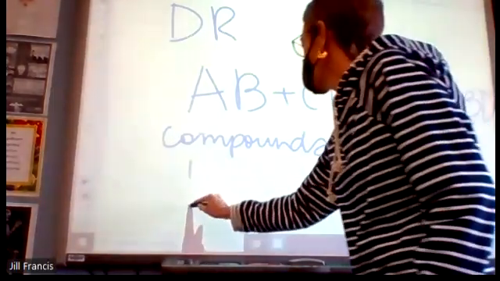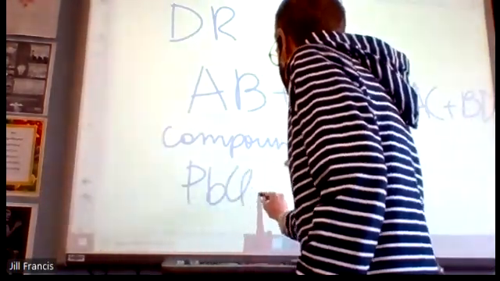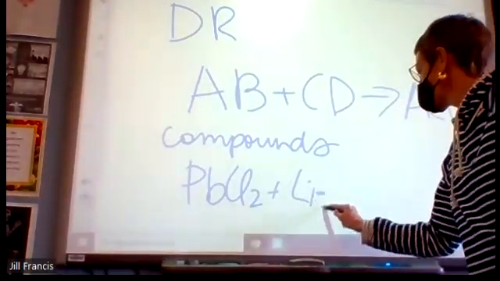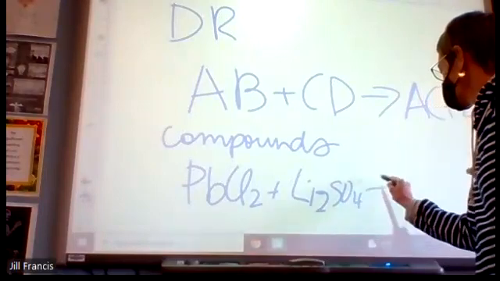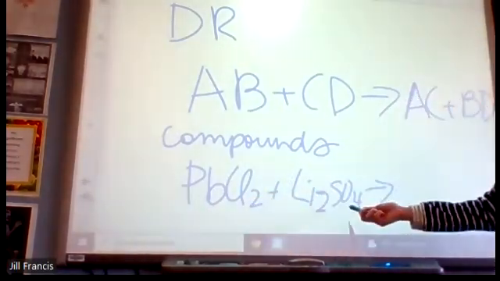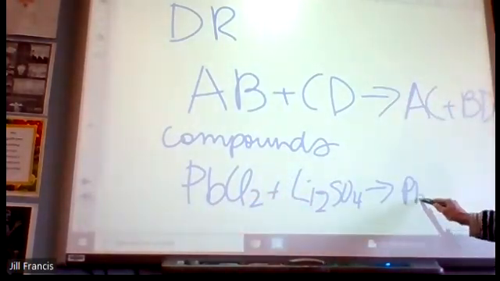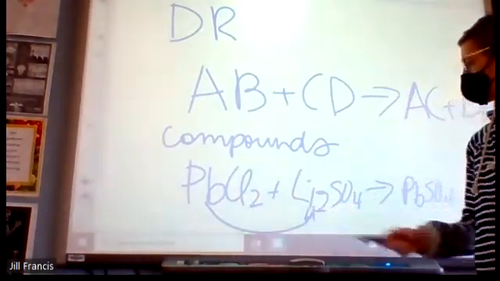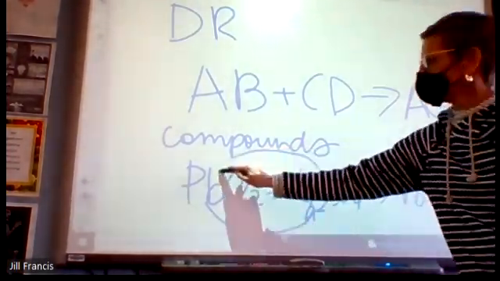So from your homework, you have PbCl2, and we're adding to that Li2SO4, both compounds. Then what happens is the lead here switches spots and goes with the SO4. So we end up with PbSO4. So the lead changes and goes to this spot. The lithium changes and goes to this spot.